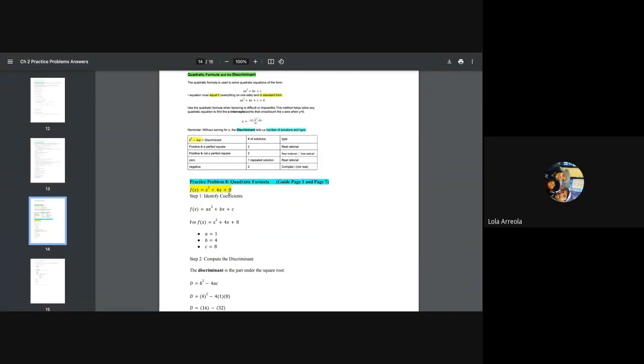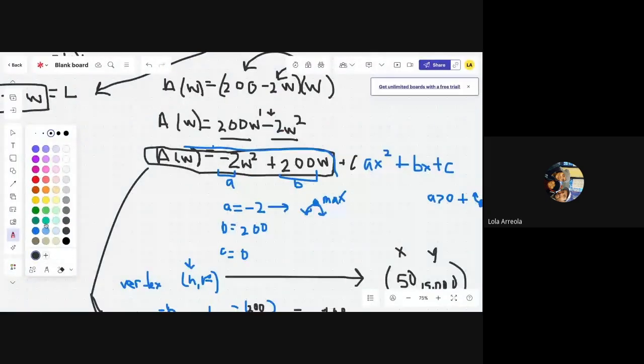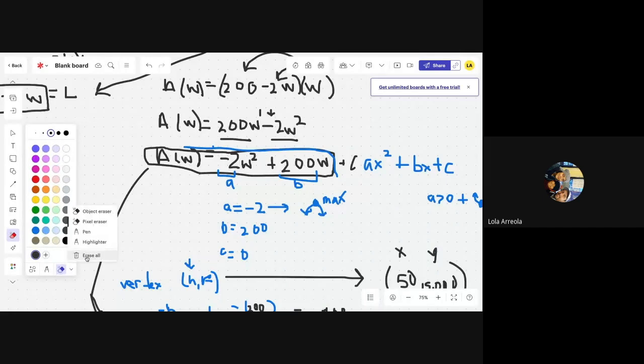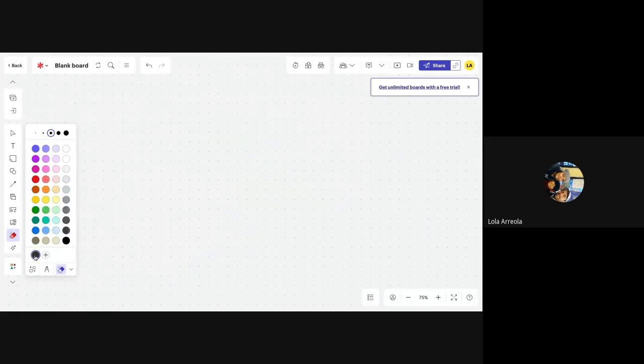So going back to this problem, let's use the quadratic formula for this problem. x squared plus 4x plus 8. I don't want a highlighter. Okay. y is equal to x squared plus 4x plus 8.